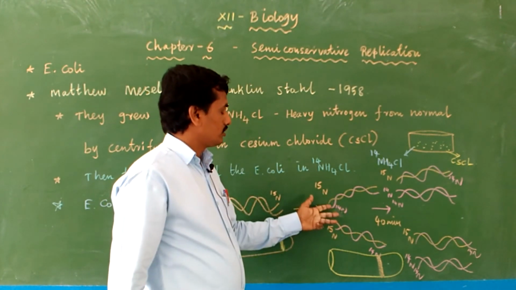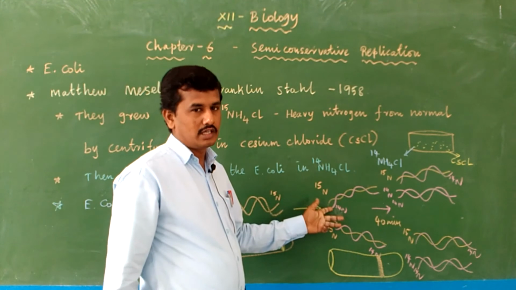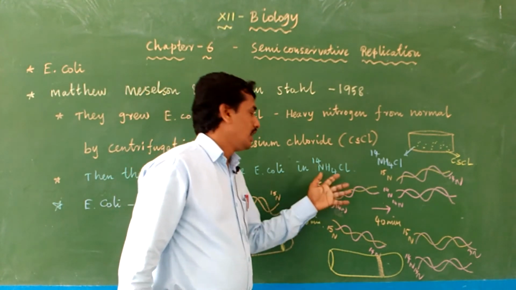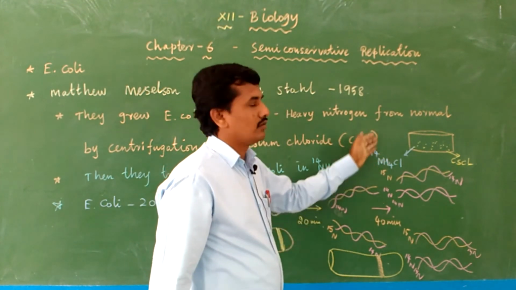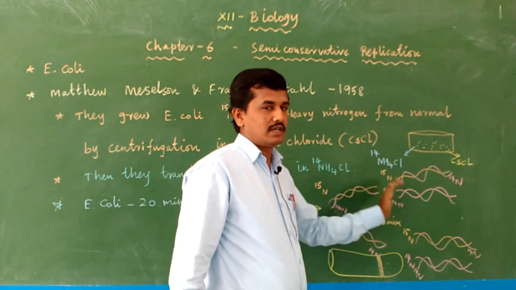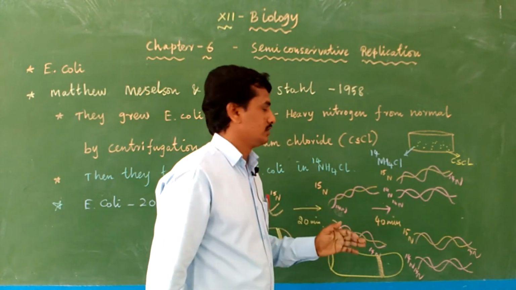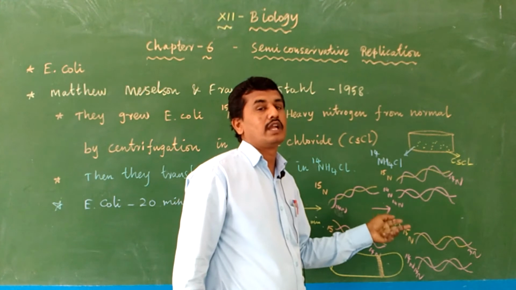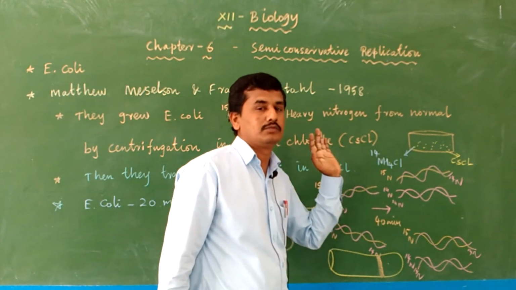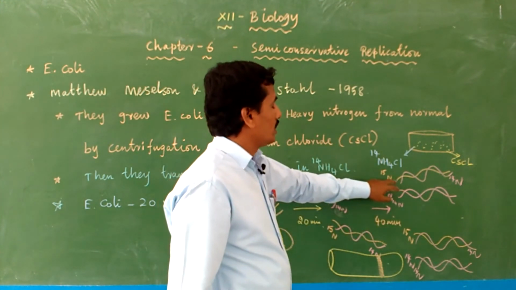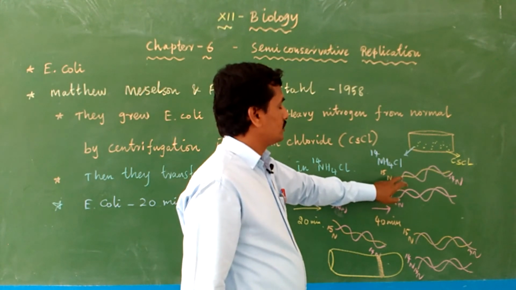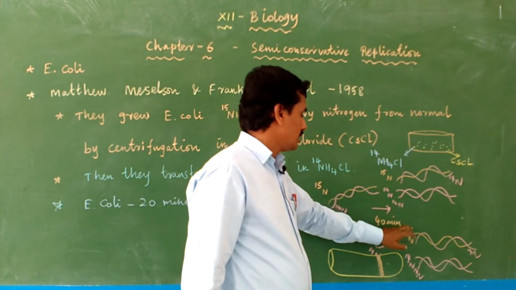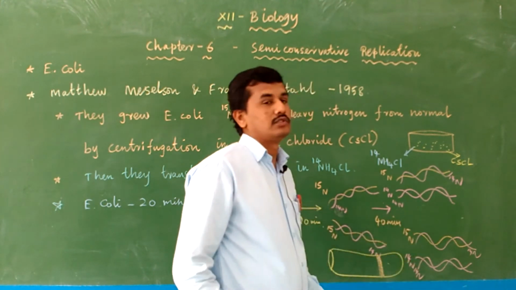Then the newly synthesized DNA contains 14 nitrogen base and the old strand contains 15 nitrogen base. The same ammonium chloride 14 is added in the next stage, after 40 minutes, the third generation. In the third generation we also add N14 ammonium chloride plus cesium chloride, the same substances. Here one DNA contains one strand 15 and one strand 14, and another DNA contains both strands 14, 14. So 14 15 and 14 14.